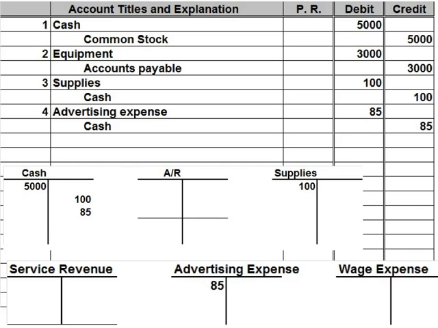So the two accounts that we're going to be using for this problem are accounts receivable and service revenue. We performed a service and we billed the customer for $1,200.